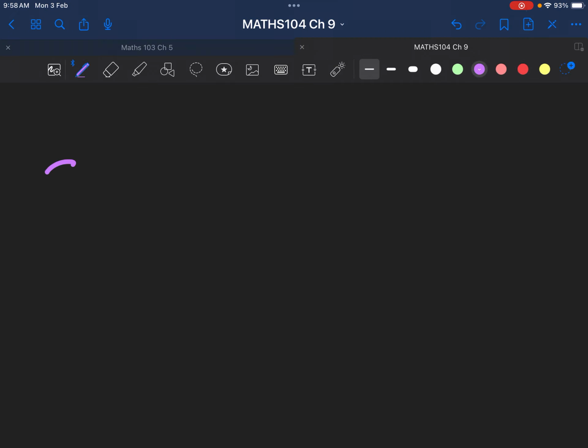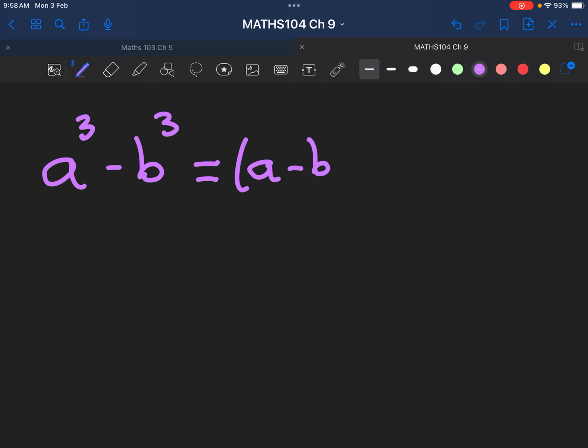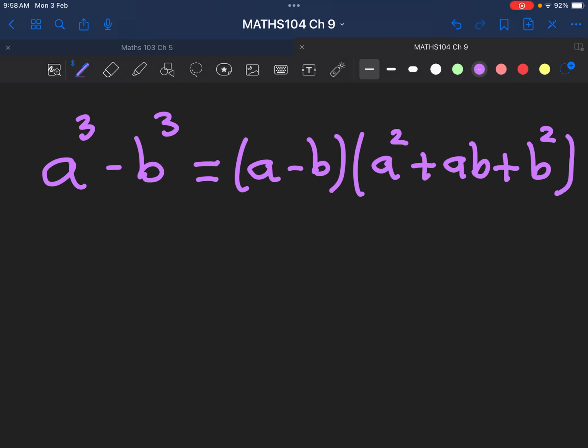So what is the formula? a cubed minus b cubed equals a minus b, and then start with the first one, a squared, plus ab plus b squared. Every one of them has degree 2. This is degree 2. This is degree 1 plus 1, which is degree 2. So we have all combinations of degree 2 between a and b, and this is what we get.